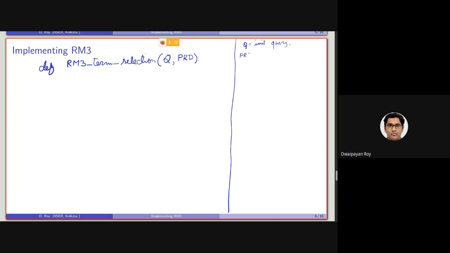PRD is basically set of M docs ranked at the top. So basically set of M top ranked documents, set of M docs ranked at the top after performing initial retrieval.